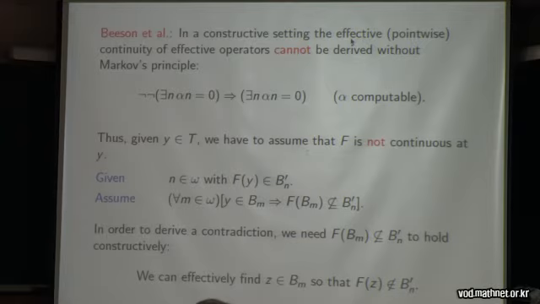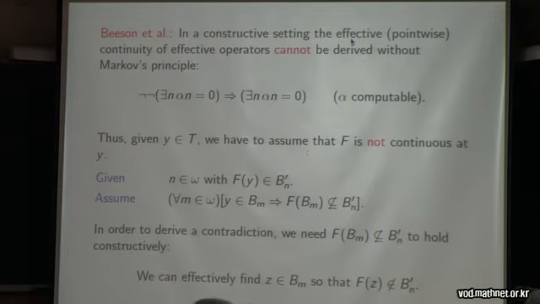You start to test alpha of 0, is it 0 or not, alpha of 1, and so on. You know by the classical proof there is an n, which means you cannot run to infinity without finding it. There is a stage when you come up with such an n, just by searching. So in this case we can also constructively assume that if it is not the case that there is no n with alpha of n equal to 0, then there really is an n with alpha of n equal to 0. And so that was for the setting that we deal with in computable mathematics.